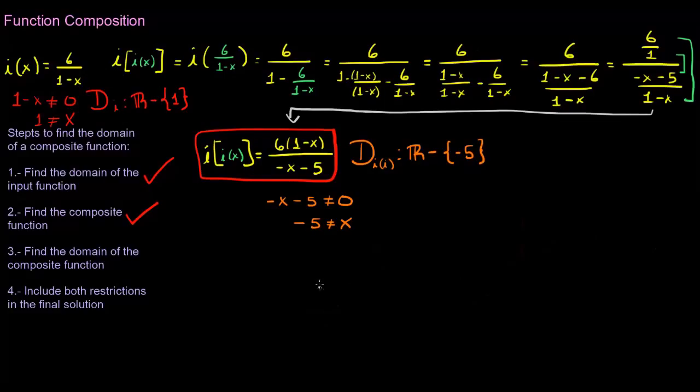So we have to put together both restrictions, and the final solution would be all the real numbers except for negative 5 and 1. And we got along with the third step just by getting this statement here, and just by adding at the end both restrictions, we got along with the fourth step here, and that would mean that we are done. That will be all of it.